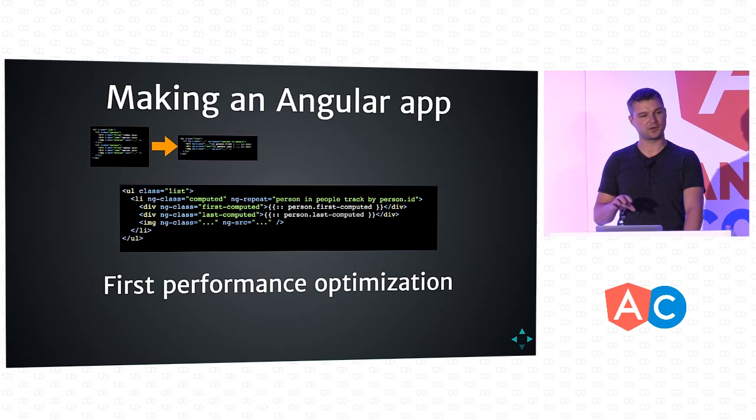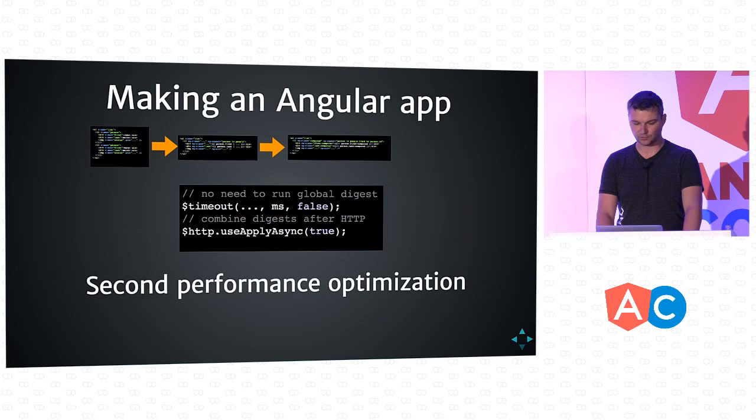When they complain about some particular performance problem, then a developer can come in and do track by and one-time binding, the first optimization. And if there is still a problem, then you start thinking about your data and when the scope digest cycle runs, like I showed before. And so you do the second performance optimization if the first was not enough.